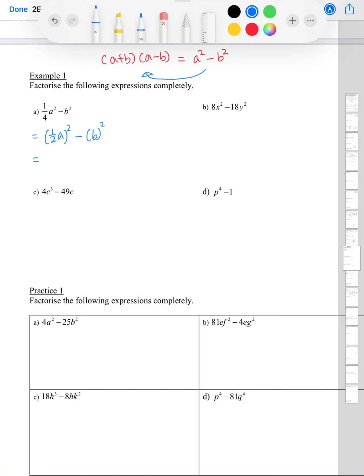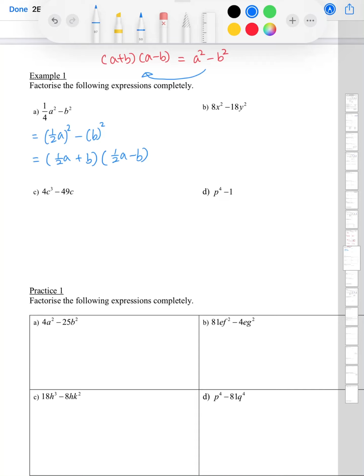So I have an expression of a, which is 1/2 a, plus b, which is my second term, and the same thing, 1/2 a minus b. So that is how I factorize my difference of two squares.